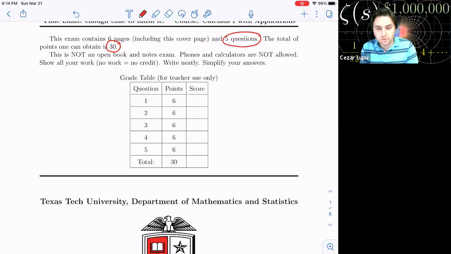Do not post anything on Chegg. Anybody who posts anything on Chegg, of course, I cannot catch the person who did this. Although if I try hard enough, I could. But if I see one question posted on Chegg, everybody will get a 0 on that question because I cannot catch the person who did it, so I have to penalize everybody.